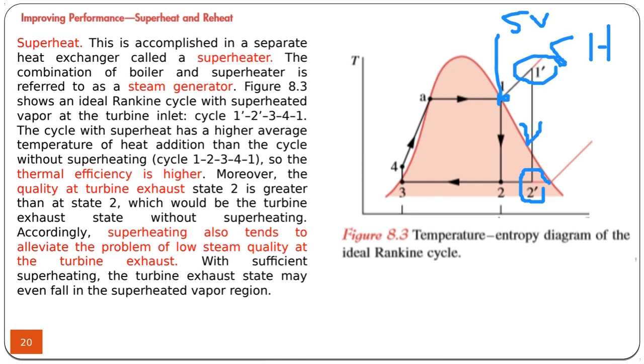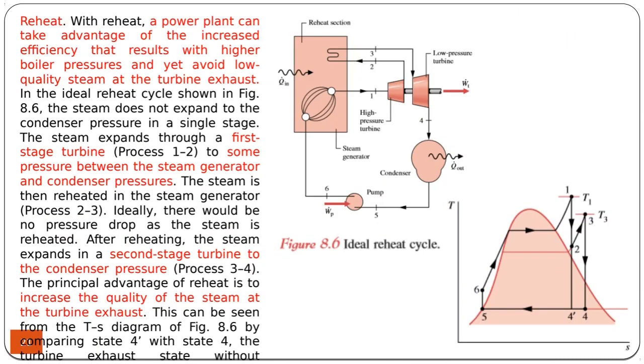So the exit quality is greater than the saturated one, which means the turbine is operated with drier steam, which is preferable for a steam turbine. So this is how the superheater works.